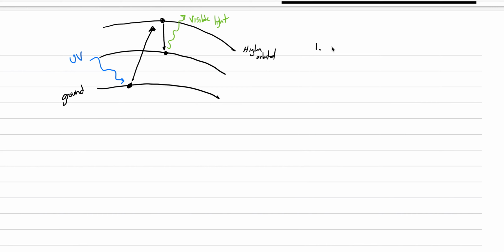And so I guess if we were to put notes on this, that first step is that the electron absorbs UV energy, right? And then the next step is that it jumps to a higher energy orbital.